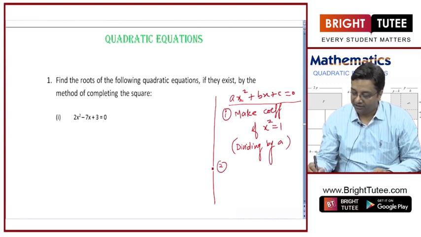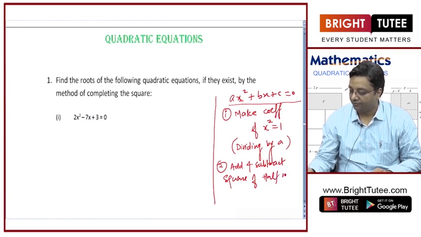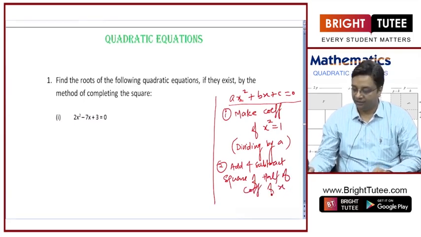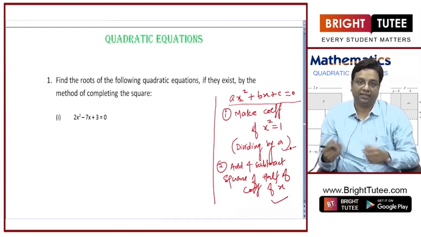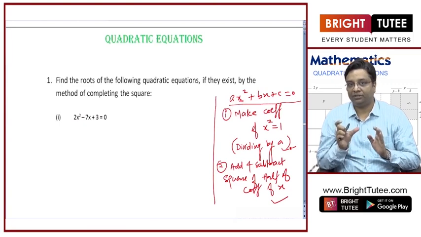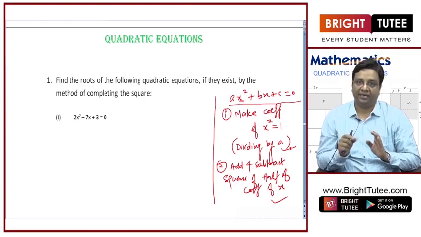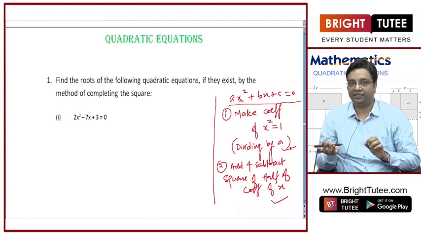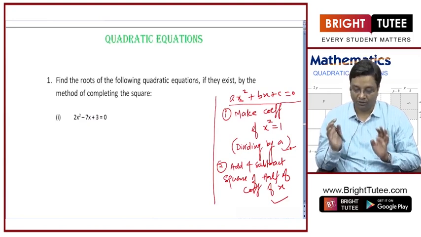What was the second step? It was to add and subtract the square of half of the coefficient of x, right? So these were the two steps. After doing these two steps, a complete square was made, and the rest of the terms we took on the right hand side, and then we got the solution.